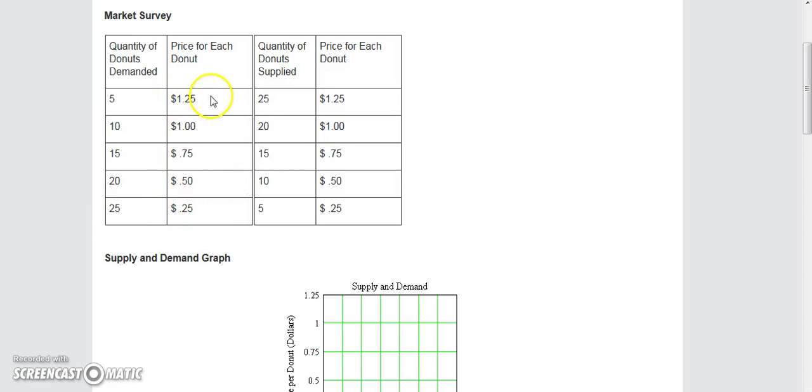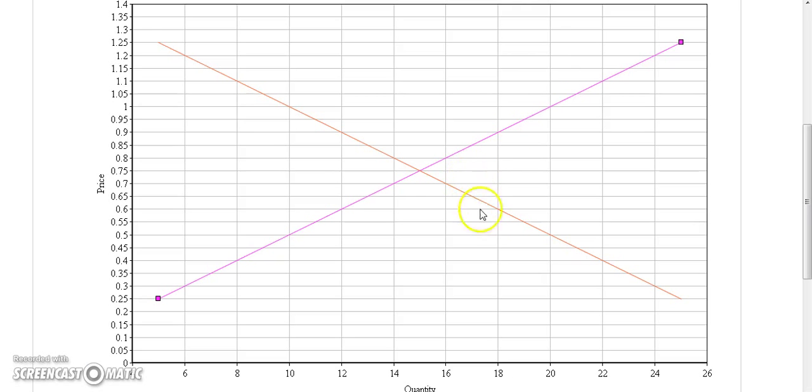These numbers for the price stay the same. For quantity of donuts supplied, remember we had a shortage, so we're going to be decreasing. So this decreasing by 5. So this would be 20, 15, 10, 5, and 0. Once you plot those, I'm not going to do it on here for you, but you're going to notice that your demand is going to shift and your supply is going to shift.